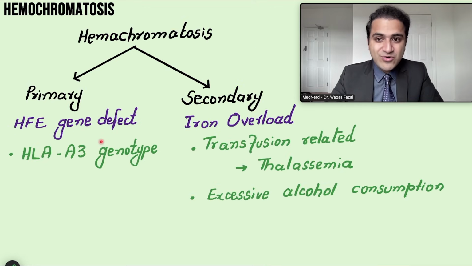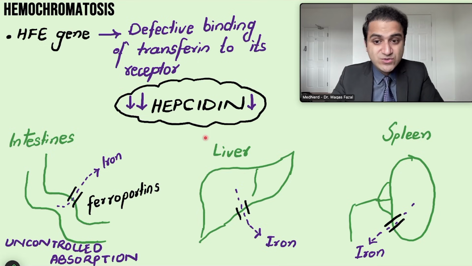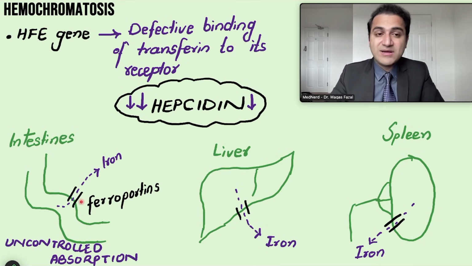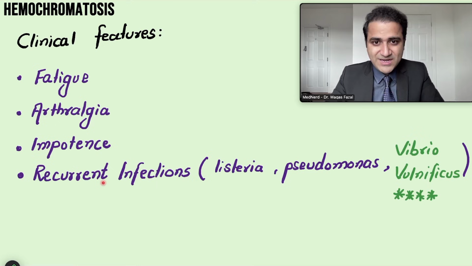We talked about what hemochromatosis is. It presents later in females. The primary one involves a genetic defect, and the secondary one is due to recurrent transfusion. The role of hepcidin: hepcidin stops ferroportin from absorbing excess iron. When hepcidin levels are low in hemochromatosis, excess iron is absorbed from the intestines.